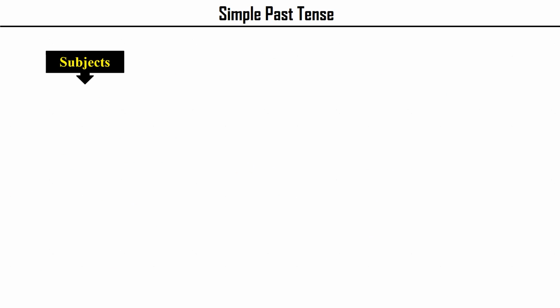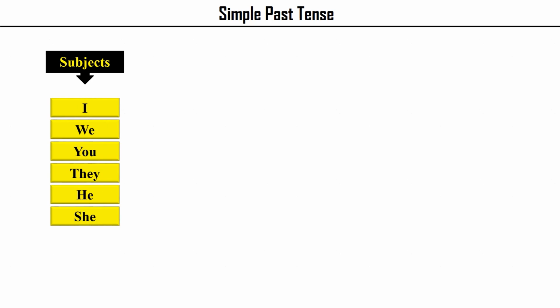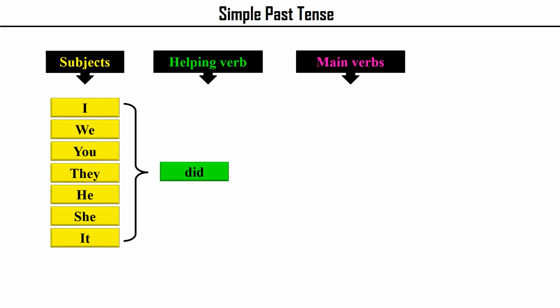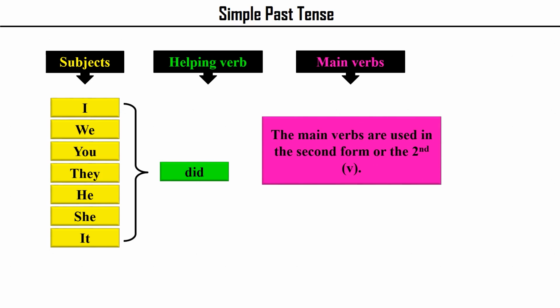Subjects that are used in the simple past tense or any other tense are I, we, you, they, he, she, and it. The helping verb is did, which is used with all the subjects. And the main verbs are used in the second form.